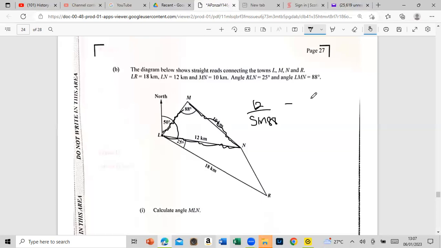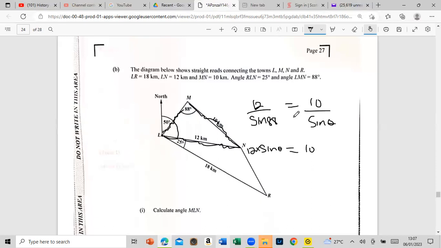Equal to 10 over sine theta. But we don't know what the angle is. So it would be sine theta equal to 10. This should be times 12, by the way.